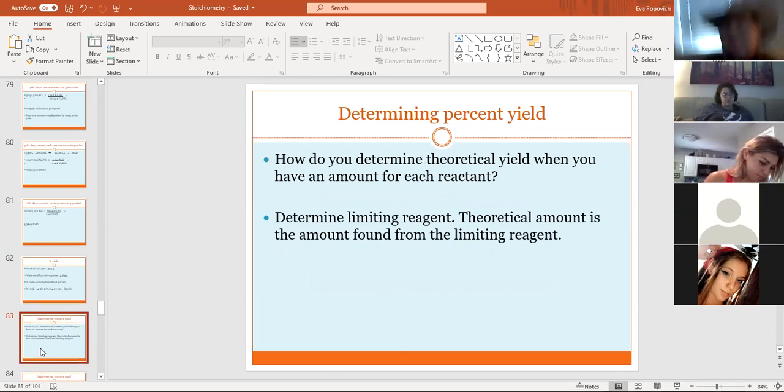Okay. How do you determine theoretical yield when you have an amount for each reactant? Simply speaking, guys, if you have an amount for each reactant, you got a limiting reagent problem. Your theoretical amount is going to be the amount you get from the limiting reagent.